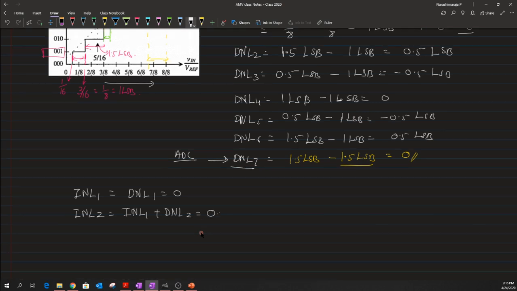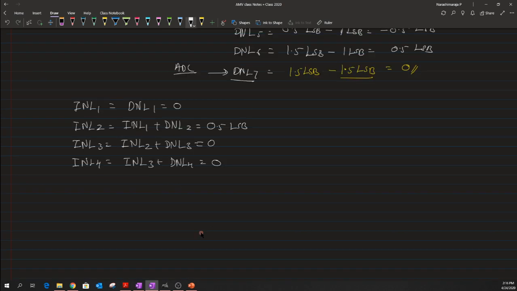Yeah, so basically we end up having 1.5 LSB, and INL of 3 is written as INL of 2 plus DNL of 3. So which is 0.5 and minus 0.5 would add up to give a value of 0, and then INL of 4 can be written in terms of INL of 3 plus DNL of 4, which is again a 0, and finally we have INL of 5.